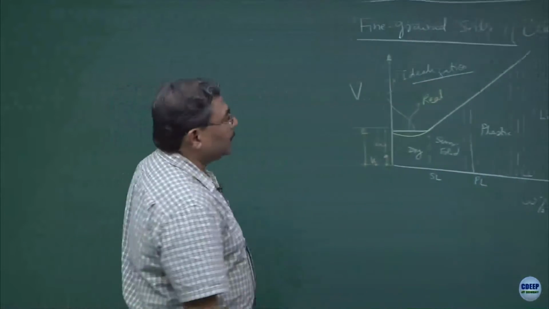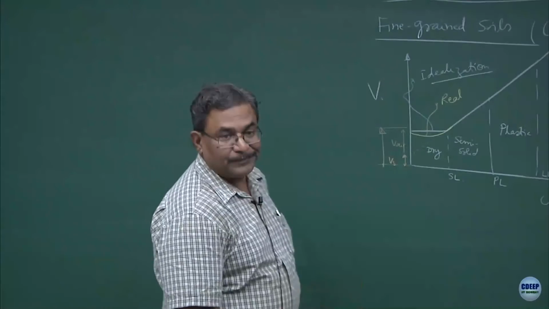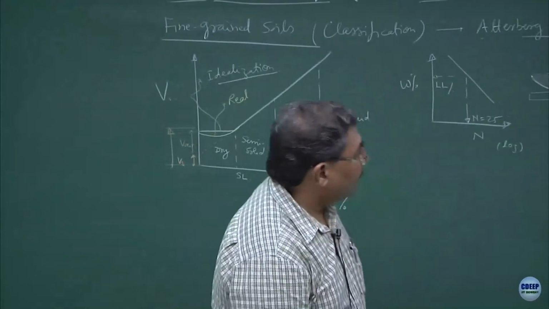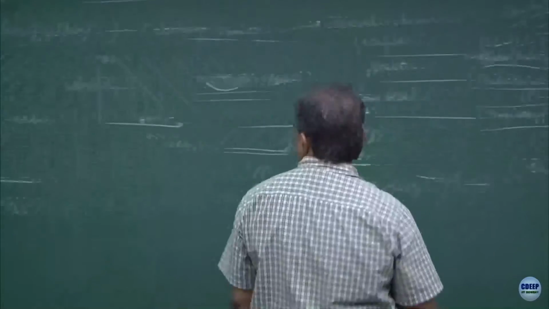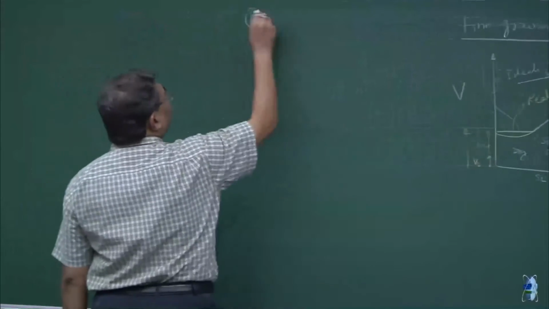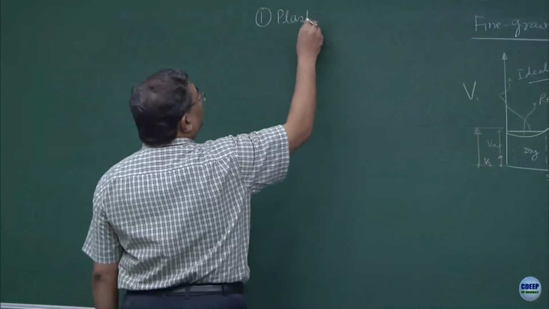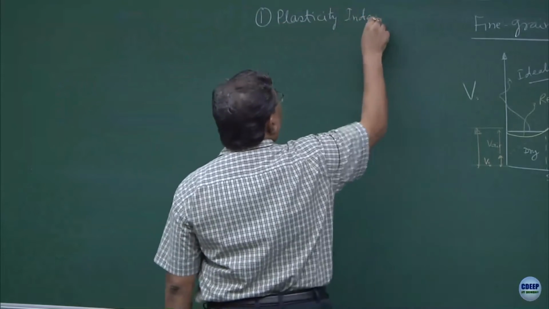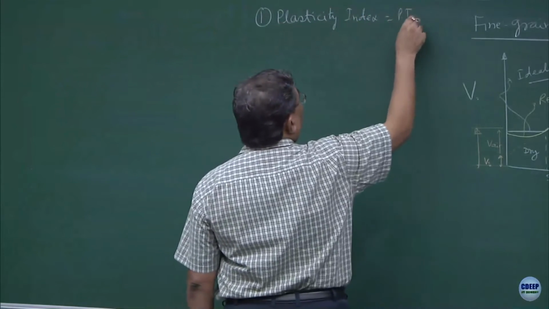Now what you have to do is remember a few things. The first concept is that there is something known as plasticity index. We call it PI.